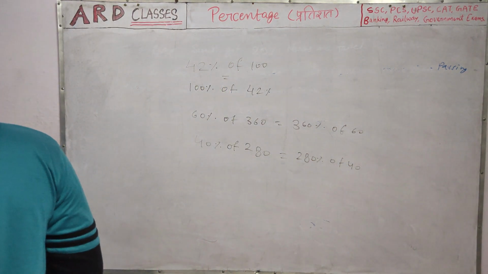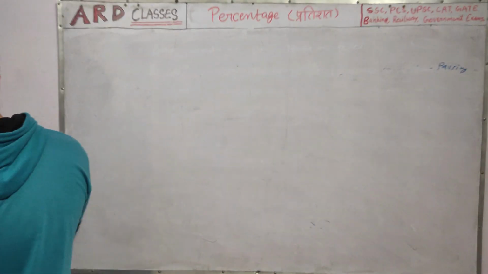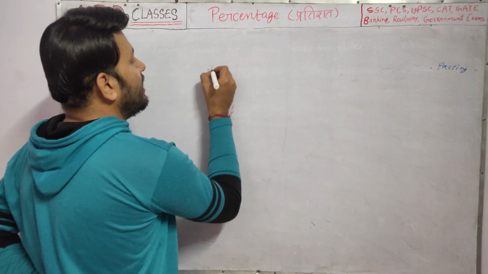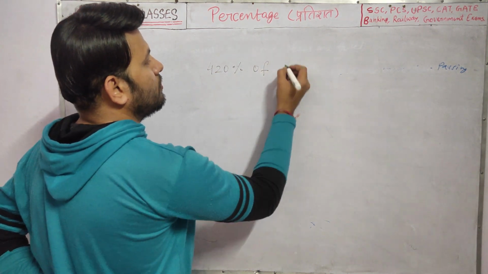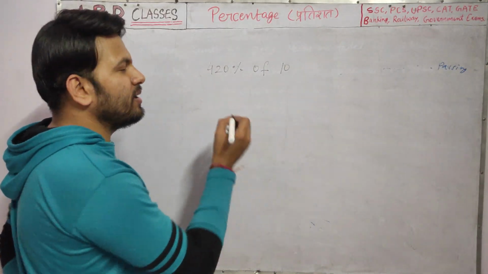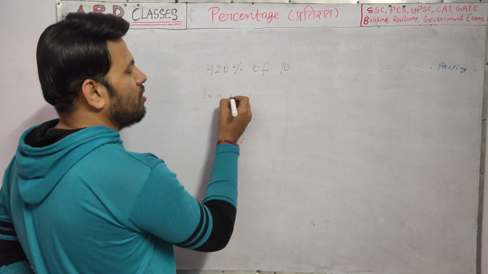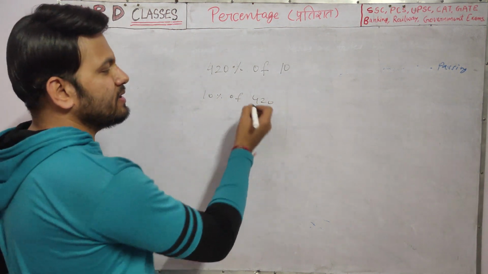For example, in an exam, someone asks for 420 percentage of 10, then how are we going to solve? Similarly, 10% of 420. So 10% of 420 is 42.